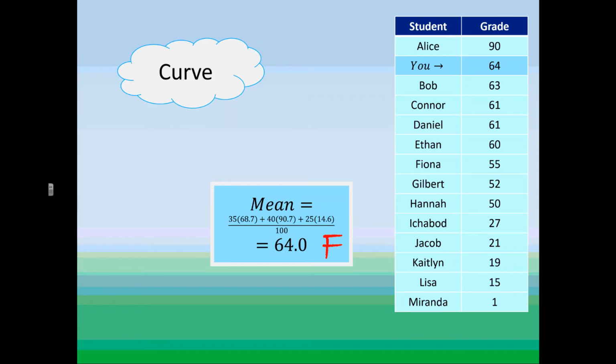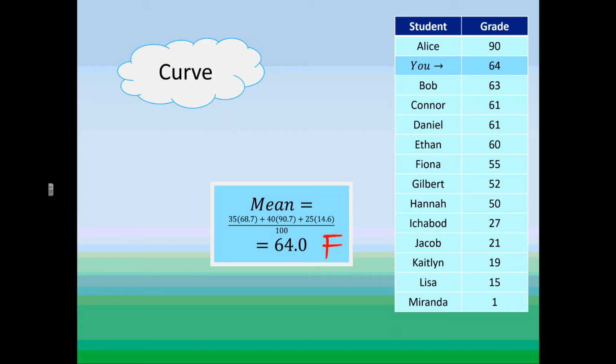So in this case, Alice actually knows what she's doing. She got a 90. No one else apparently has a clue what they are doing. You are at a 64, so you are 1 point above Bob. You're in that 60 range from you to about Ethan. Alice is the only one who knows what's happening.